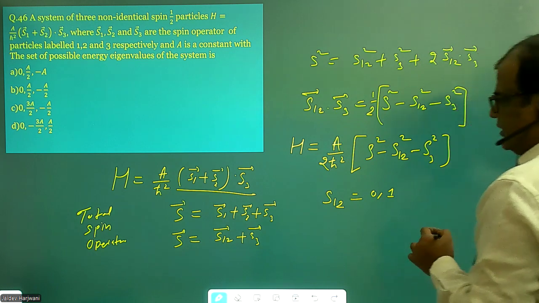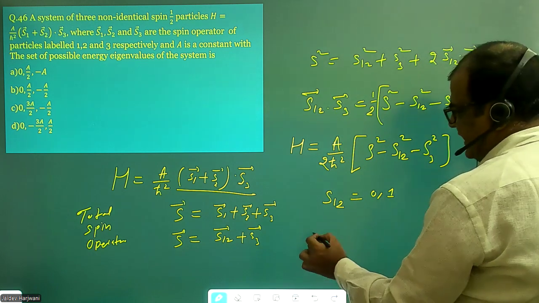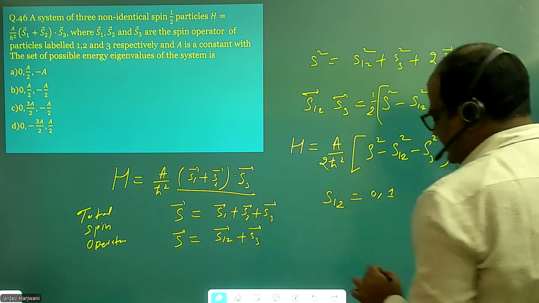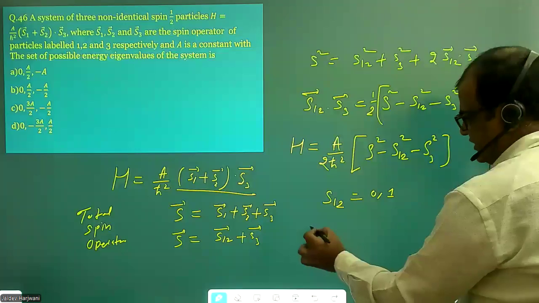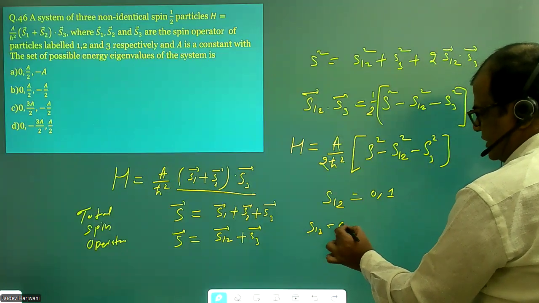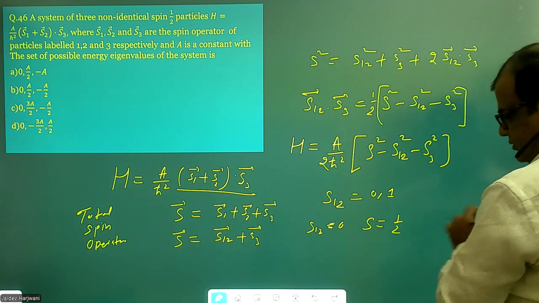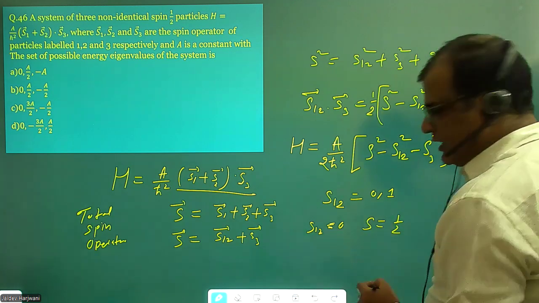Now if I take S, what is S? S is S1 plus S2 plus S3. If I take S12 equal to 0, then my total S can be only half, because S3 is half.